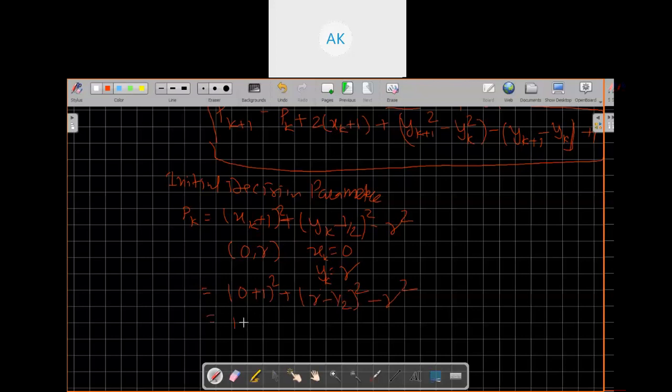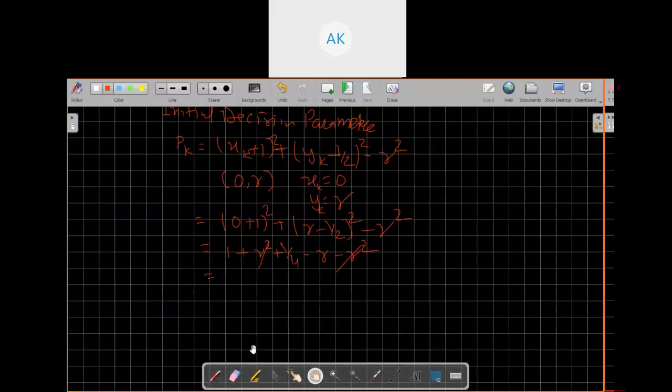That gives r square plus 1 by 4 minus r minus r square. This r square will cancel out. So 1 plus 1 by 4, which is 5 by 4, minus r.